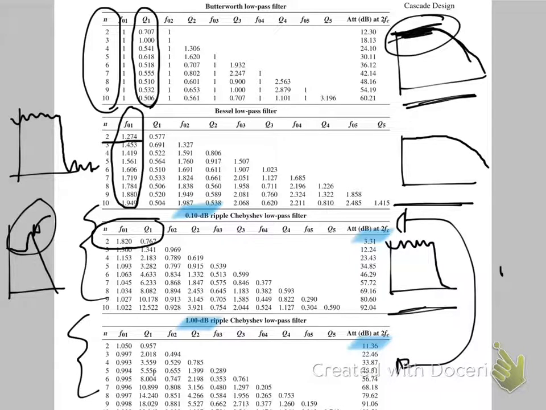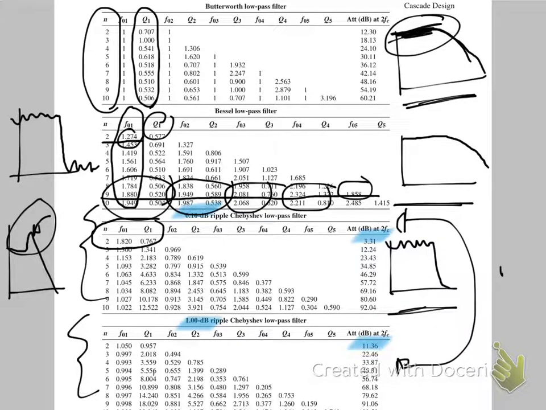And that's it. The table repeats. So if you want your second order, you only need 2 parts. But if you want, let's say, a 9th order, for example, which is pretty extreme, your first stage is defined by those 2. Your second stage, those 2. Third, fourth, and 5th stage. And you just do the same procedure.